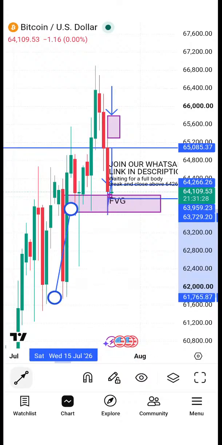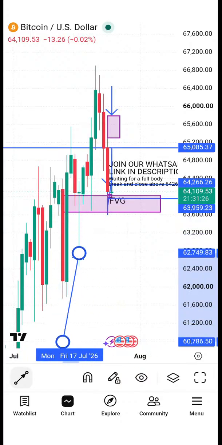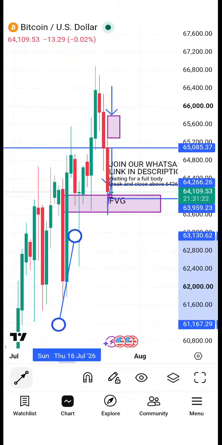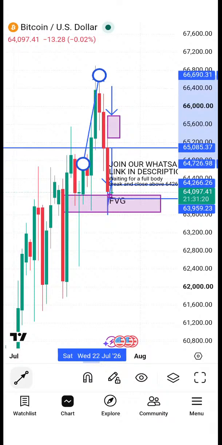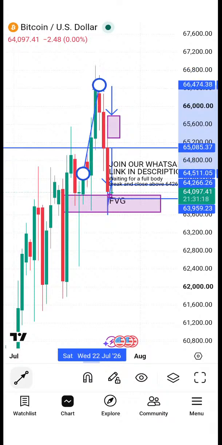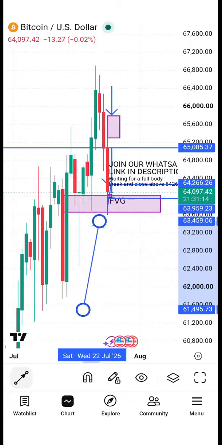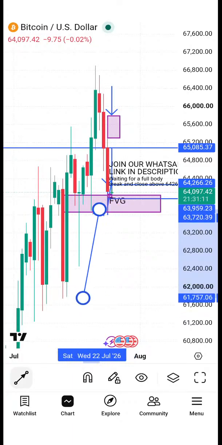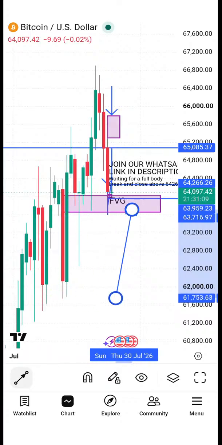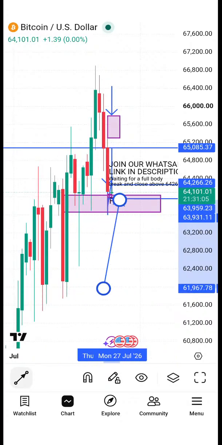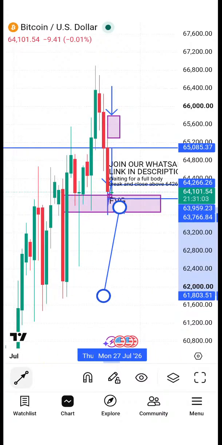Look at this rejection, and from here price pushed very strong towards the upside. And also here we have a rejection. Even now, the price is being rejected around this area, showing that there are a lot of buying opportunities.